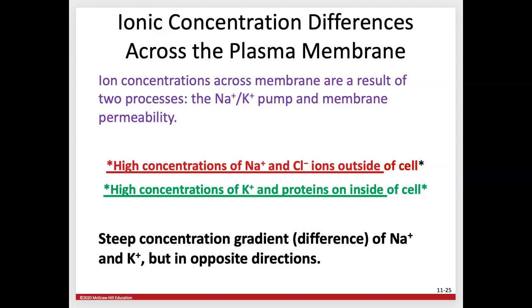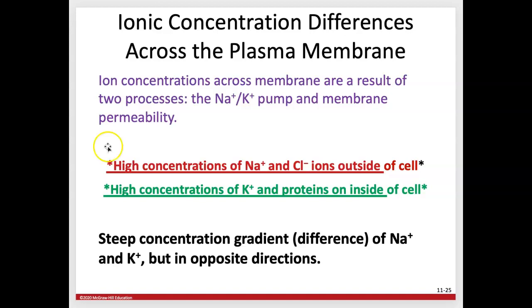So the ion concentrations that are found across that plasma membrane are a result of two processes, the sodium-potassium pump and that membrane permeability that was mentioned already. So to start, there are high concentrations of sodium and chloride outside of the cell.